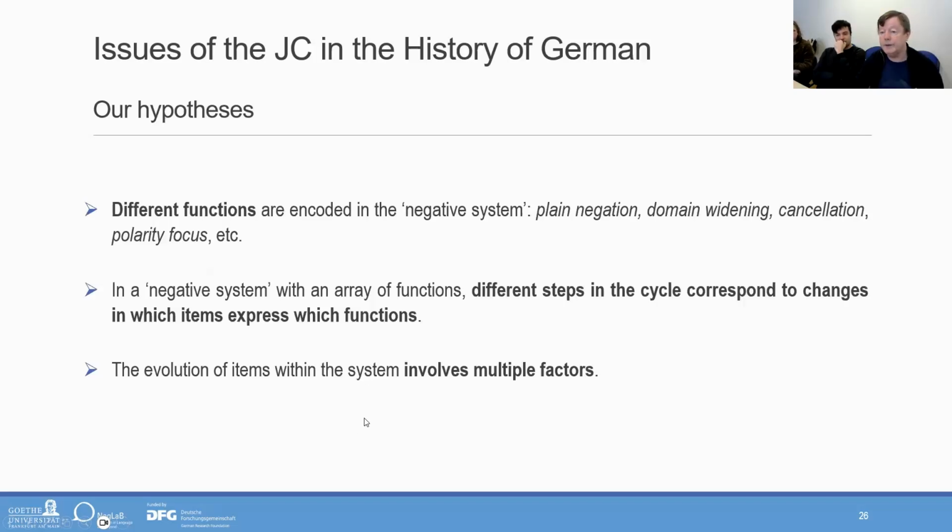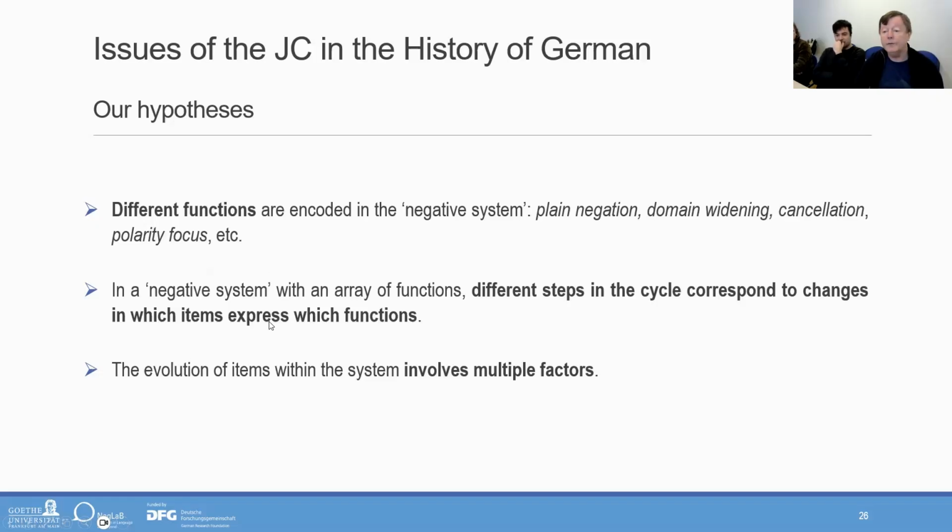Our hypothesis, which we have in the project, is that different functions are encoded in the negative systems. Different functions such as plain negation, domain widening, cancellation, polarity focus, and so on.